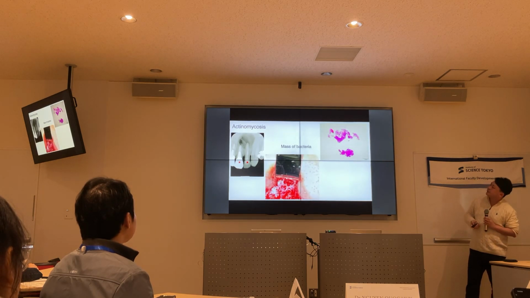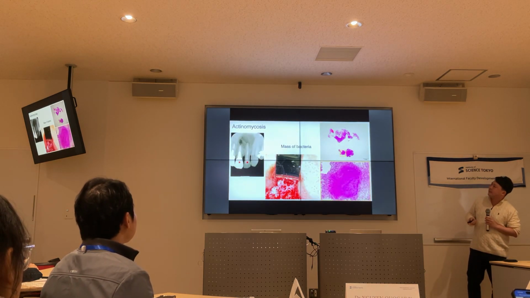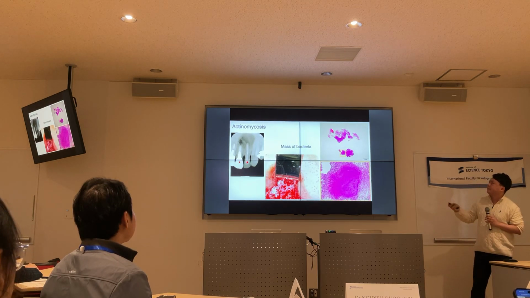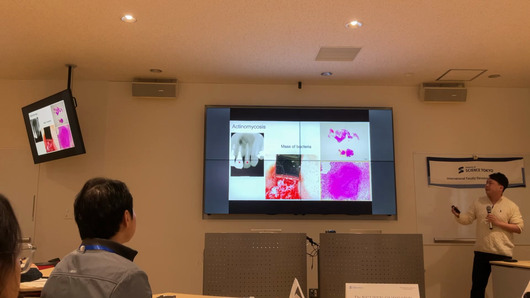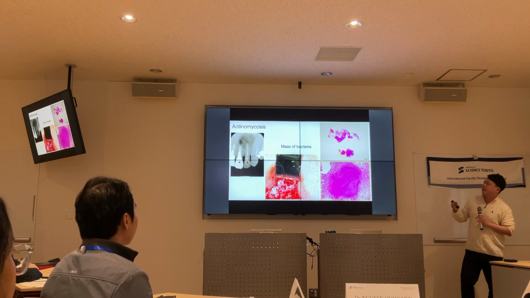From the pathological diagnosis, this is a mass of bacteria, actinomyces. In such a case, debridement is very, very important. If I couldn't debride almost all the infected area, it wouldn't heal.